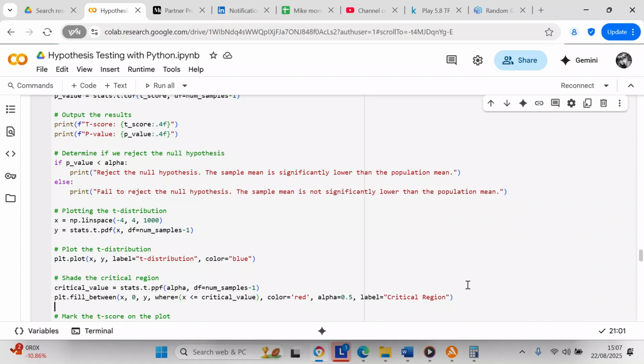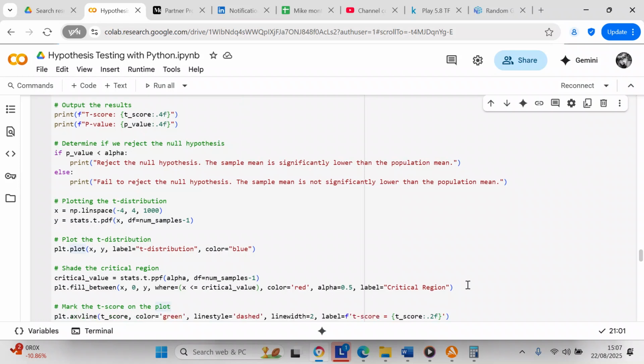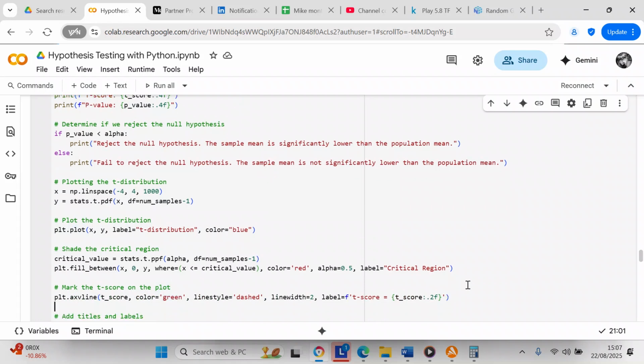Then plt.fill_between, brackets, x, 0, y, where, brackets, x is less than or equal to critical value, color equals red, alpha equals 0.5, label equals critical region. Now we mark the t-score on the plot: plt.axvline, brackets, t-score, color equals green, linestyle equals dashed, linewidth equals 2, label equals t-score.